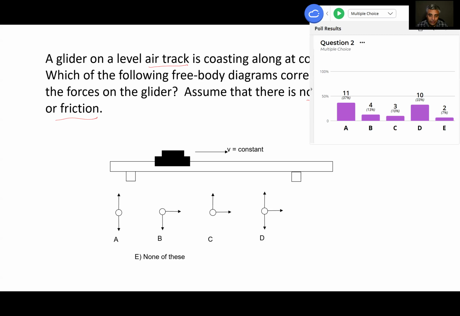Am I right or wrong, and why? Feel free to turn on your microphone and speak, or you can also type in the chat. I'll give you a minute. Is A right or wrong? If I'm saying A is right, am I right or wrong, and why?